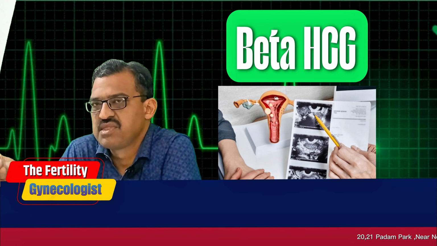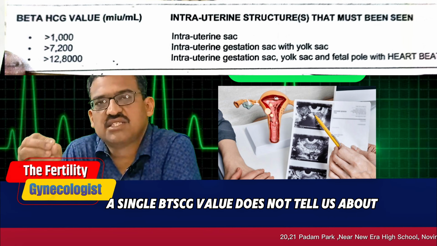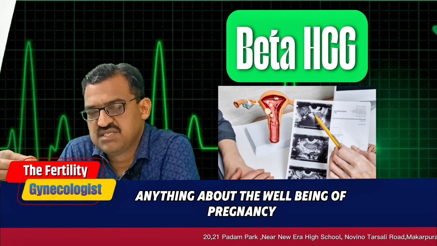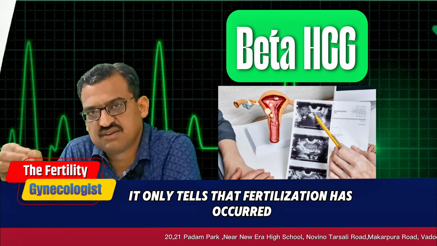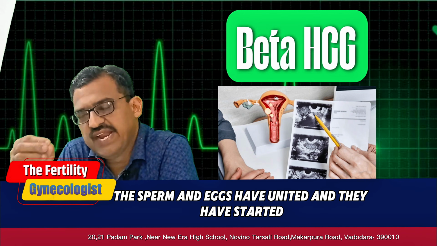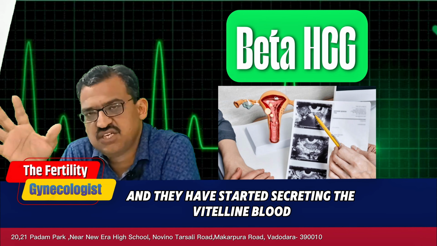Answer is no. A single beta HCG value does not tell us anything about the well-being of the pregnancy. It only tells that fertilization has occurred, the sperm and egg have united and formed an embryo and have started secreting beta HCG in blood.